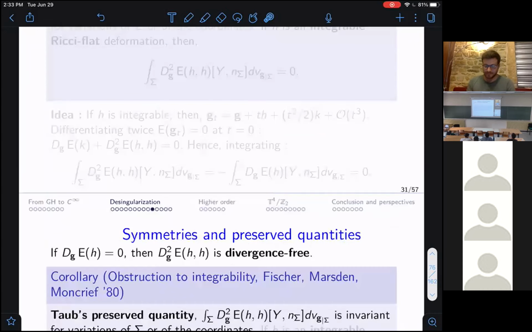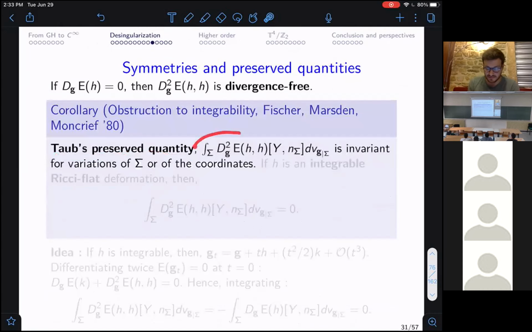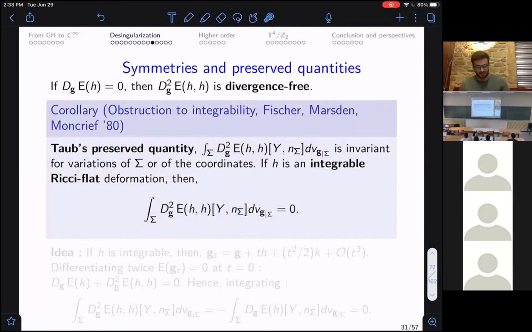And so you define what's called Taub's preserved quantity in Lorentzian geometry, and that's this same integral but with the second derivative here. So it's invariant, it has a lot of good properties. And what's great and what's a deep result is that if H is integrable, and say Ricci flat, we won't need that in the Riemannian setting, but that's what they proved, then you have this vanishing.